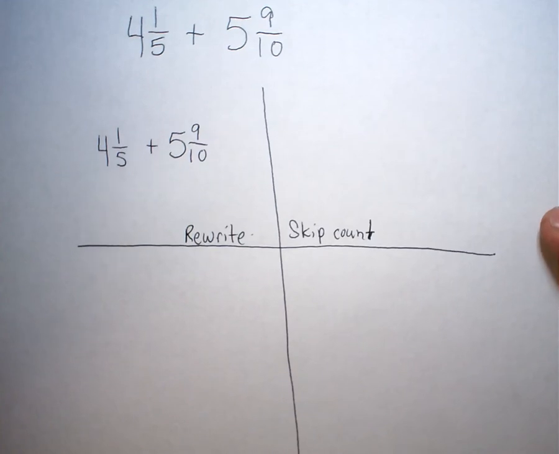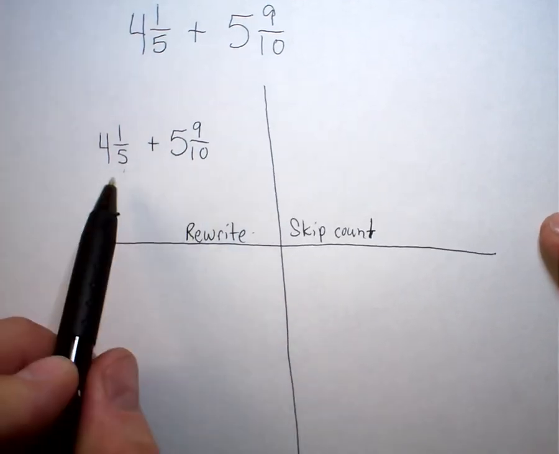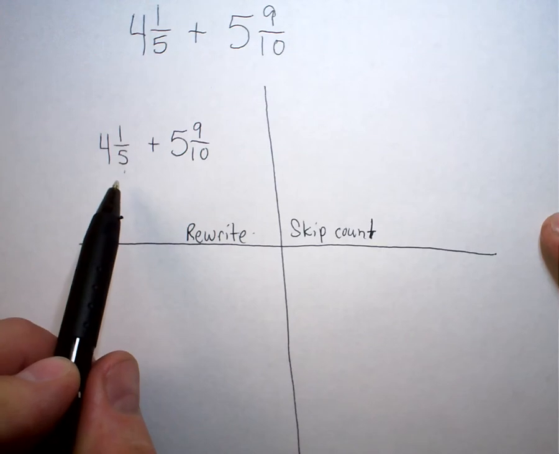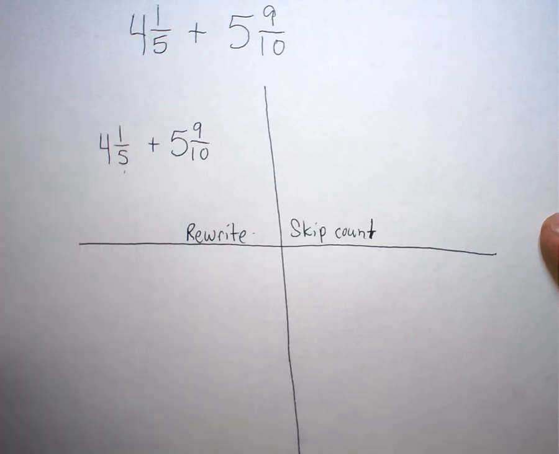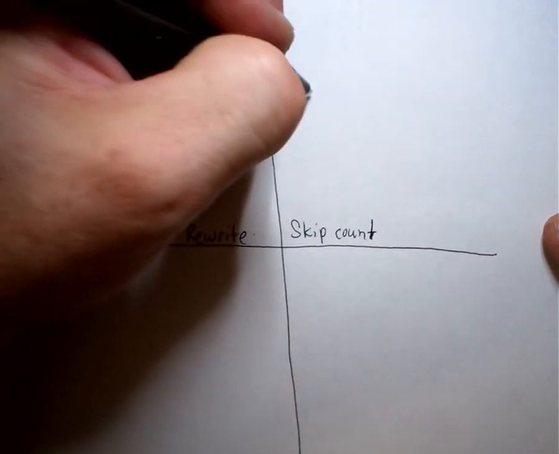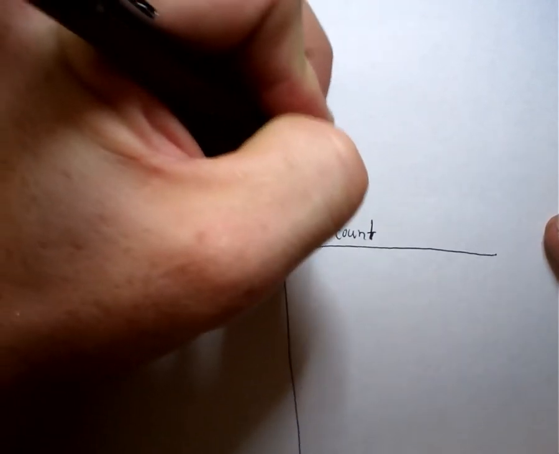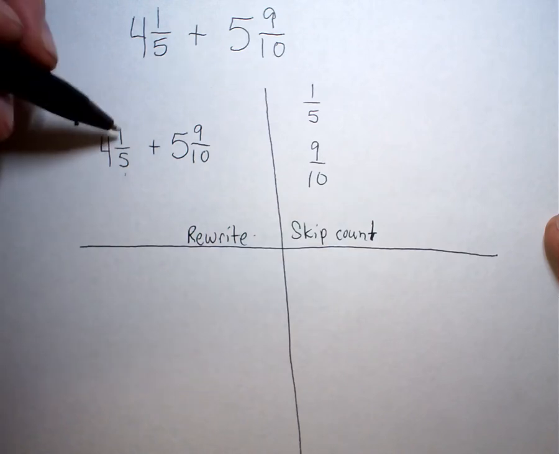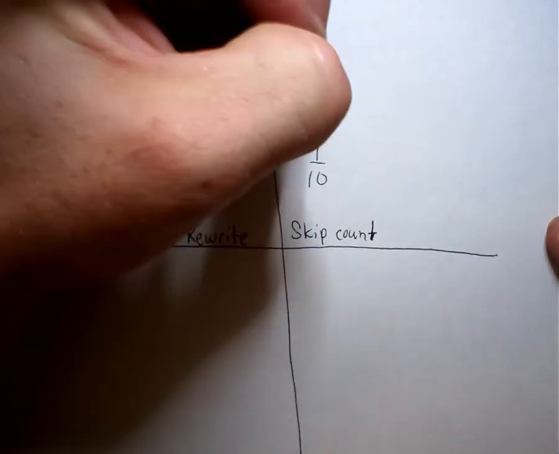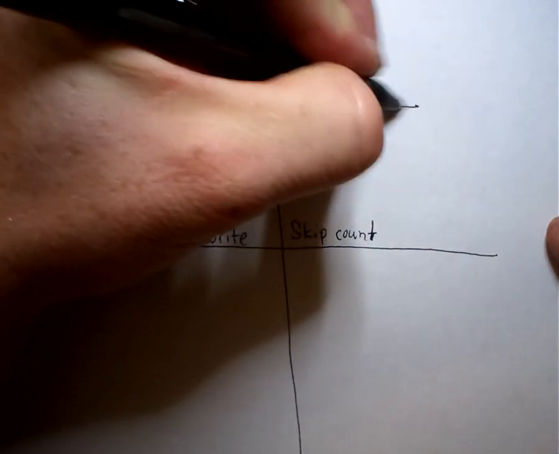To find a common denominator for these two fractions, that's essential to add them. So the way I teach my students to do it is to skip count the two fractions. So I have to write my two fractional parts over here. We're going to forget about the whole numbers for just a moment. 1/5 and 9/10. Okay, I'm going to give myself a few fraction bars here.